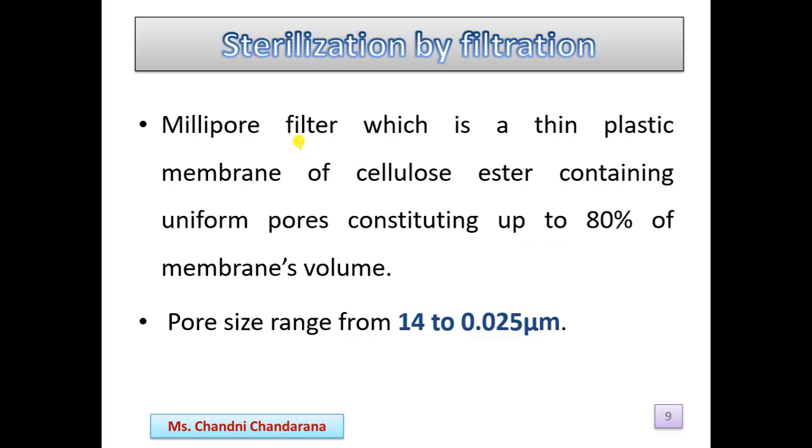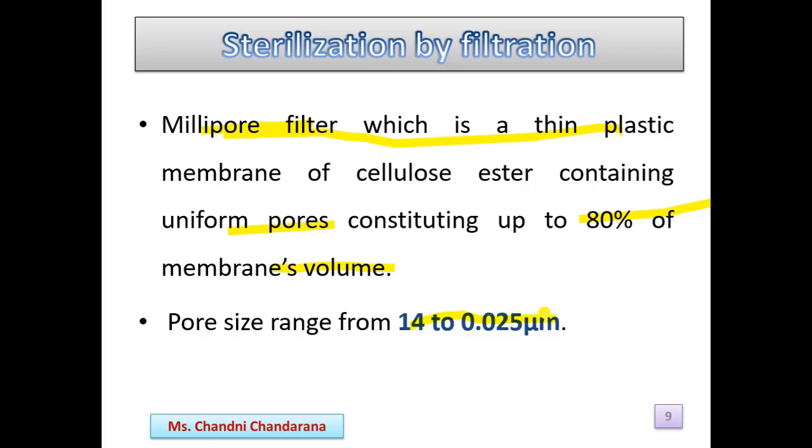The millipore filter is used, which is a thin plastic membrane of a cellulose ester. It contains uniform pores. Why are we using the millipore filter? It contains uniform pores consisting of up to 80% of the membrane's volume. That's why we are using it. The pore size ranges from 14 to 0.025 micrometer.